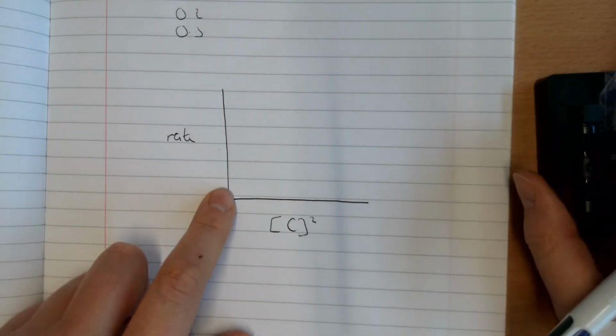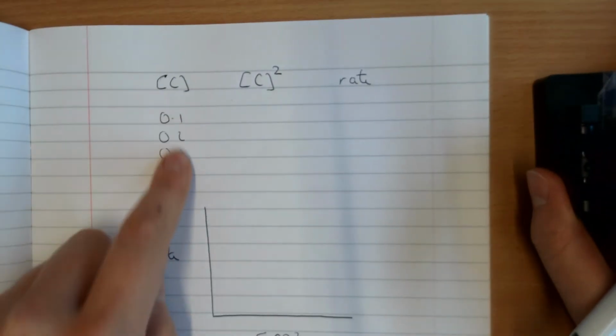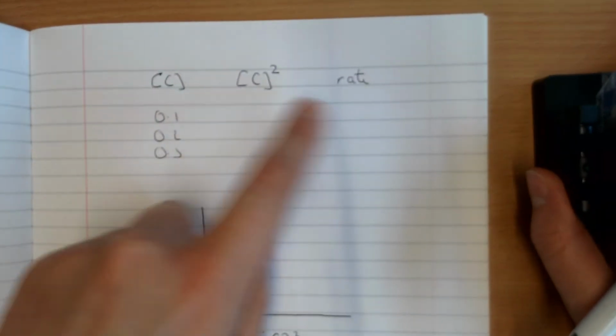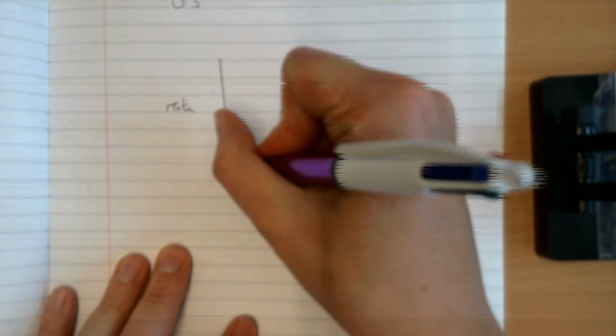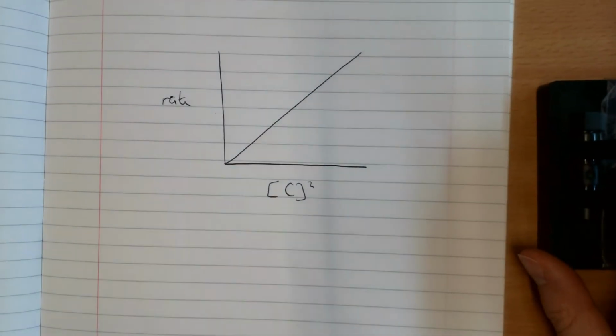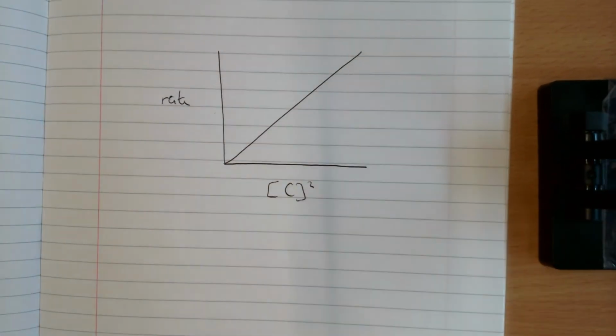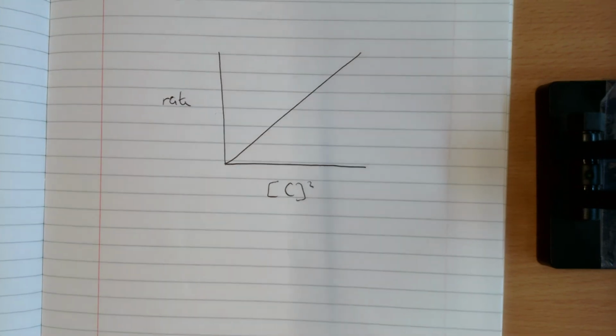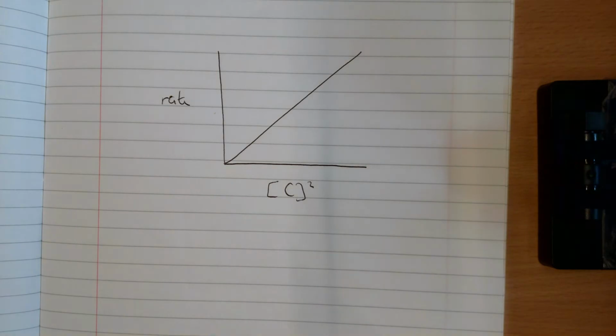And if it was truly a second order, once you've squared all your concentrations and plotted that against rate, I should get a dead straight line because the rate is proportional to the concentration squared. And if I get that dead straight line, then I know for sure that I definitely have a second order reactant. Without going through that step, I can't know for sure.